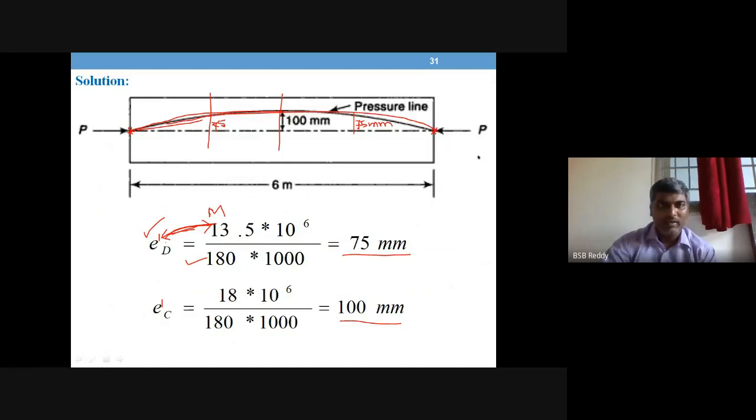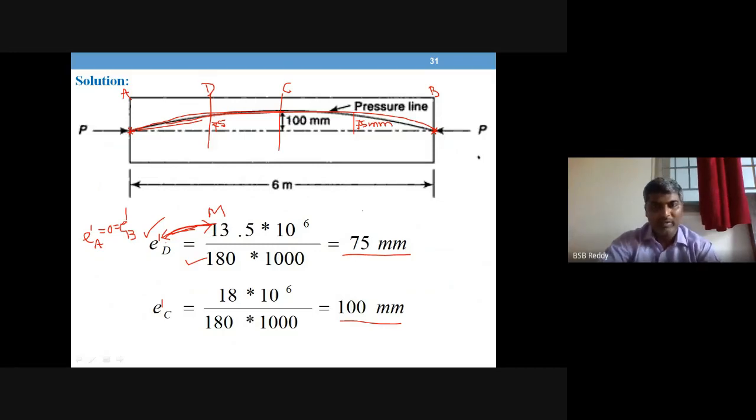At support it is 0 at A. So for example, E dash at A is equal to 0, which is equal to the E dash value at B also. This is A, so support B, center C, 1/4 point D. So this is how you completely analyze a problem using the pressure line concept.